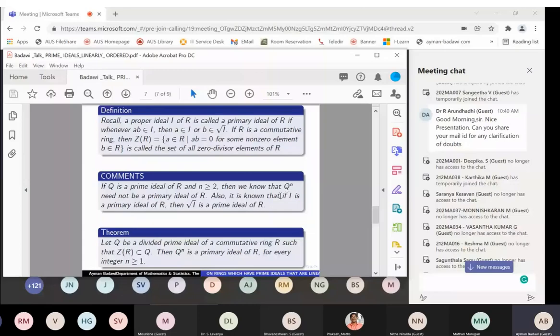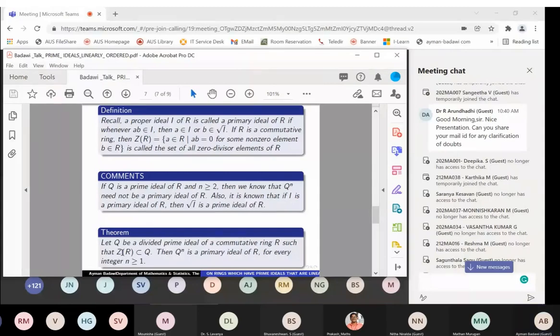However, here is the result. What if Q is a divided prime, not just a prime? Q is a divided prime, and this is crucial. The zero divisor elements of R, Z(R), I gave it in the definition.